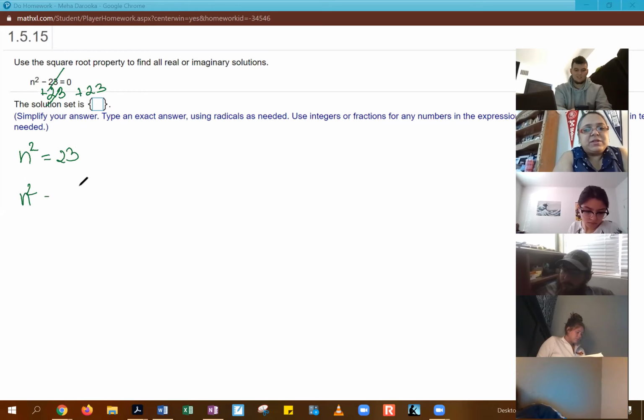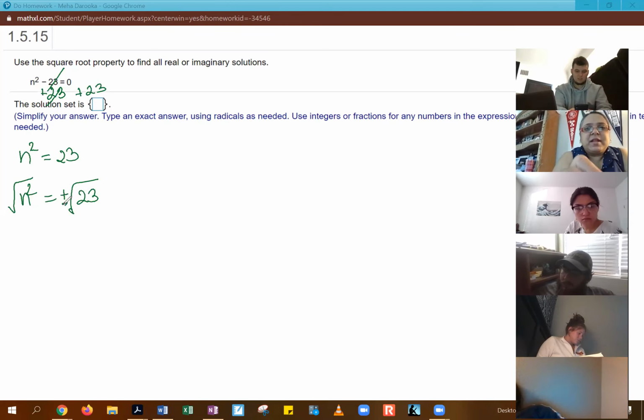We have our equation, and then we take a square root on both sides of our equation. Anytime you take a square root, you end up getting one positive and one negative root. So this will be positive and negative square root of 23.